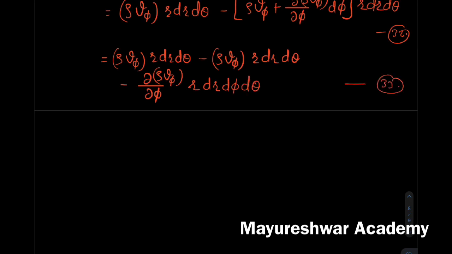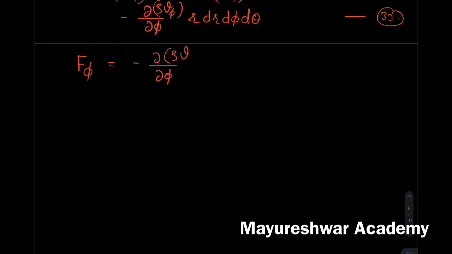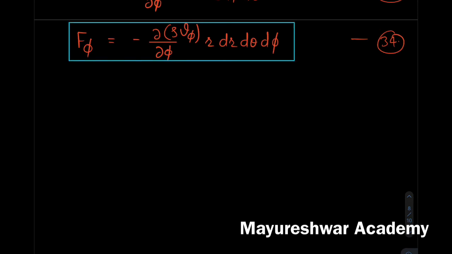So the flux along the phi direction is negative partial over partial phi of rho v phi into r dr d theta d phi. So this is the final form of the flux along the phi direction.